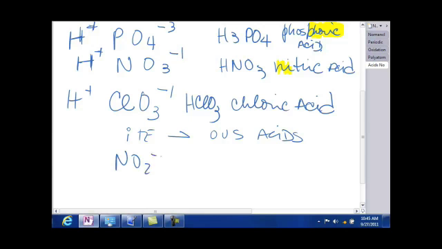What is it? NO2 minus 1. Who's that guy? Nitrite. Okay, so if I combine it with an H plus, what's my acid going to be? HNO2, and what is the name? Nitrous acid.